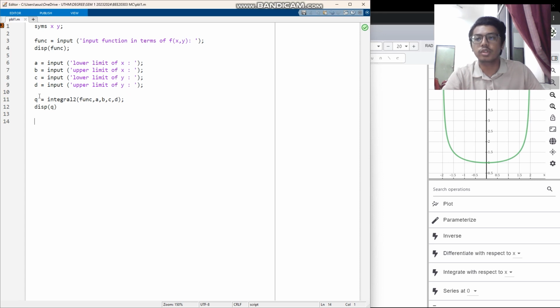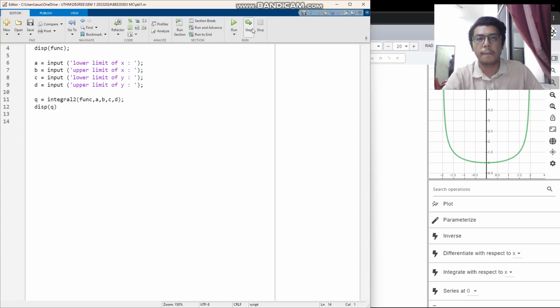We use this Matlab formula to define the double integral: q equals integral of the function, a, b, c, and d, semicolon. Then we display q, which is our answer.